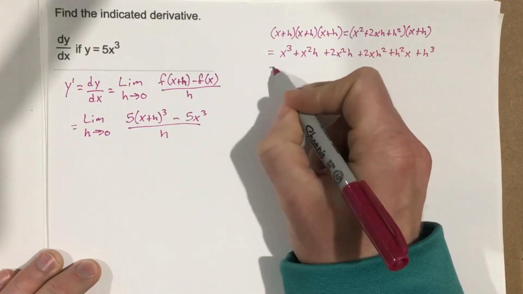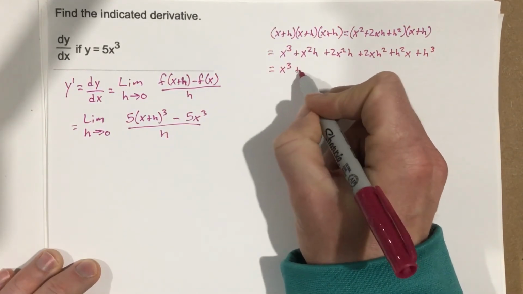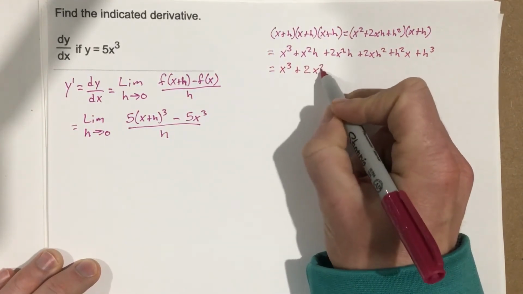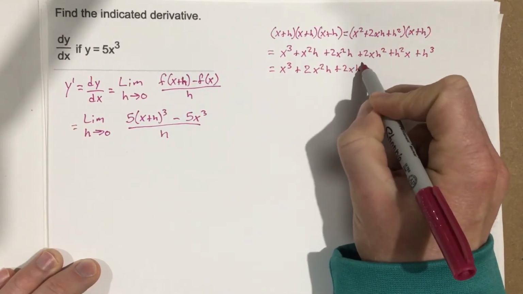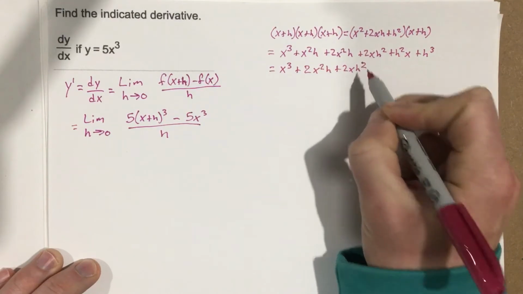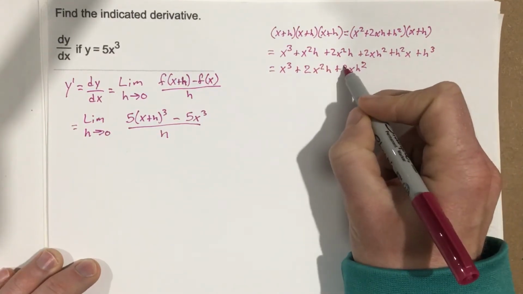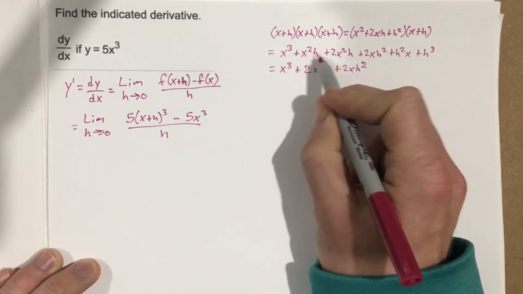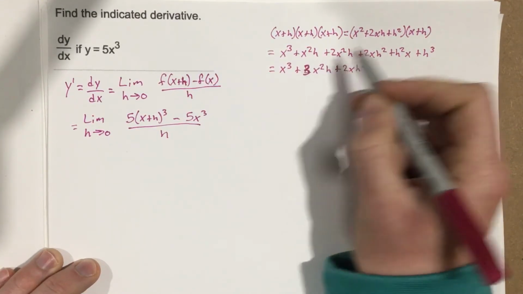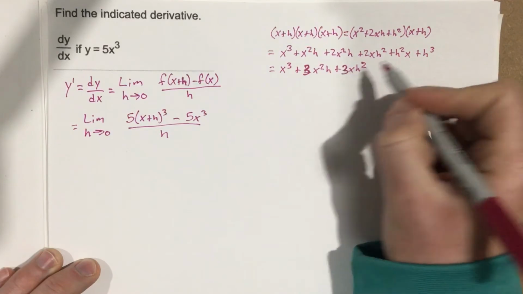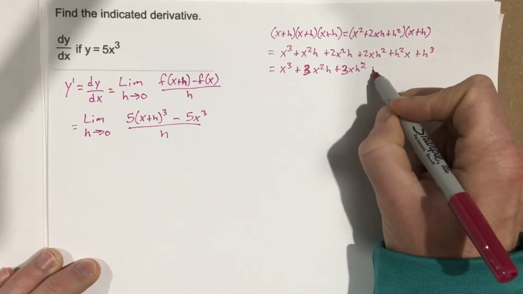Combine these together, we end up with x cubed plus... actually, that's 3 of them. So I messed that up. That's x squared h plus 2x squared h. That's 3 of these, and there's 3 of these, plus h cubed.